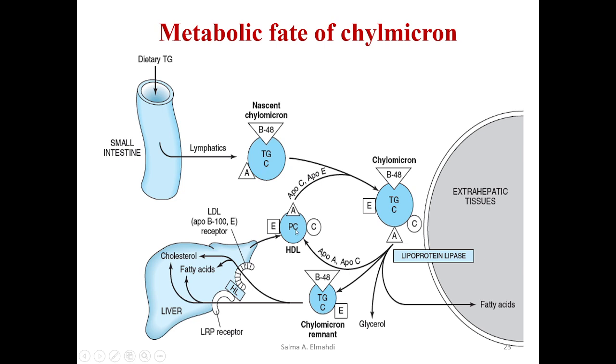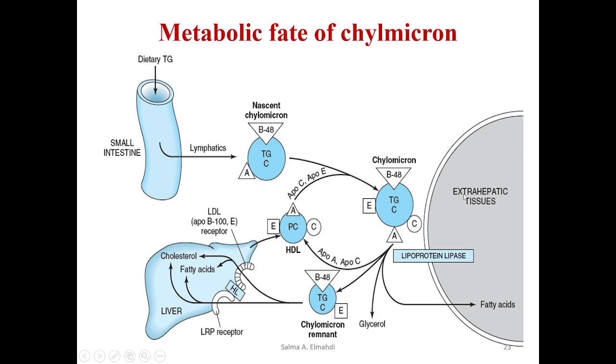This nascent chylomicron obtains ApoC and ApoE from HDL. So it now contains 4 types of apolipoproteins, B48, A, as well as C and E. Now it is called a mature chylomicron as compared to the nascent chylomicron.